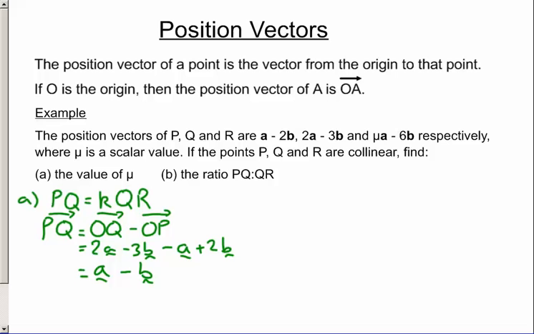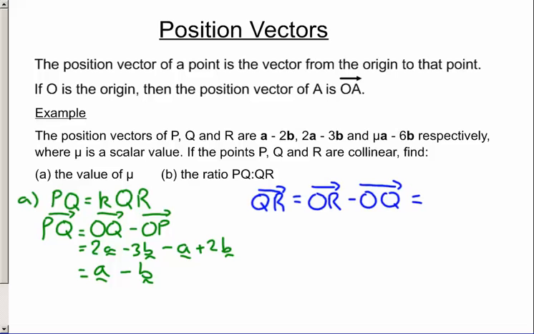Now QR, this is the other bit we need for this part here. QR is equal to, similar process, OR minus OQ. We'll do it in one step this time. So let's look at the a's.